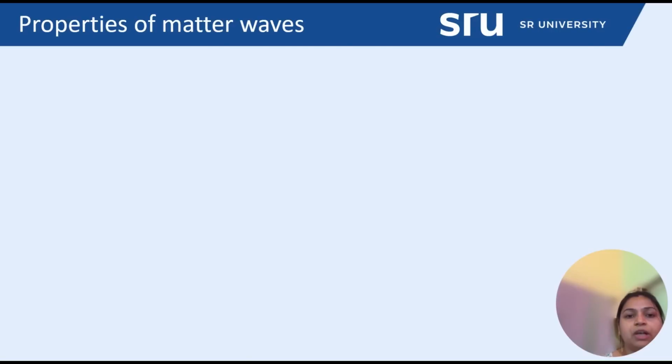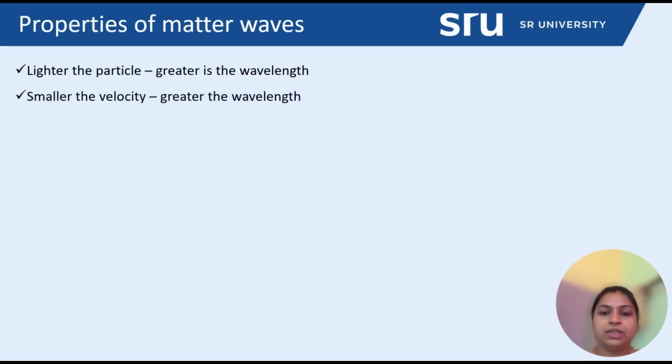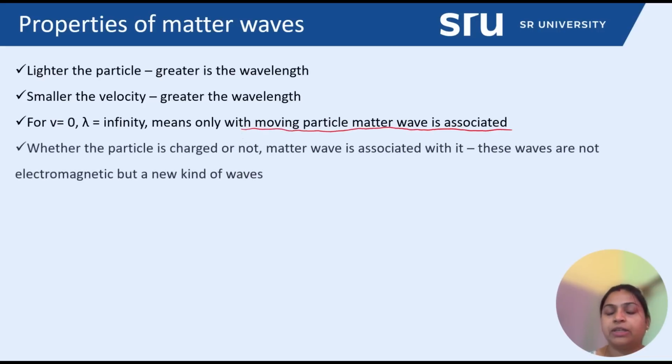So now the properties of matter waves. First, the lighter the particle, the greater the wavelength, and the smaller the velocity, the greater the wavelength. For velocity equal to 0, lambda is infinity. That means matter waves are associated only with a moving particle. Whether the particle is charged or not, a matter wave is associated with it.